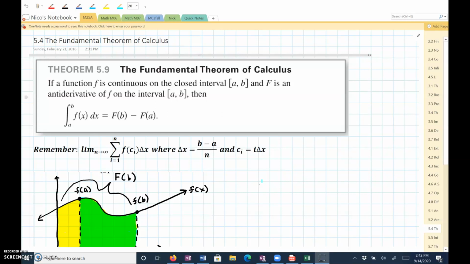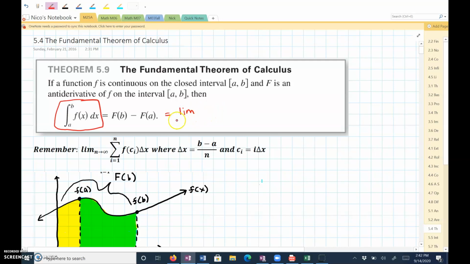Okay, so remember that this whole thing here is equal to what we did in 5.2, where we took the limit as n goes to infinity of the summation, i is 1 to n, of f of c sub i delta x.